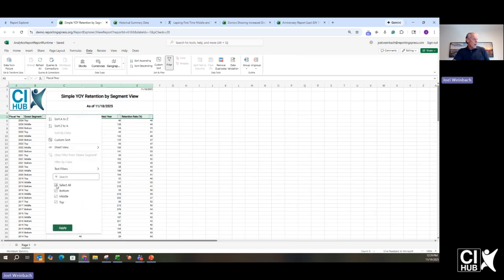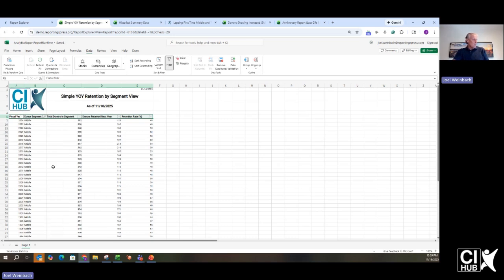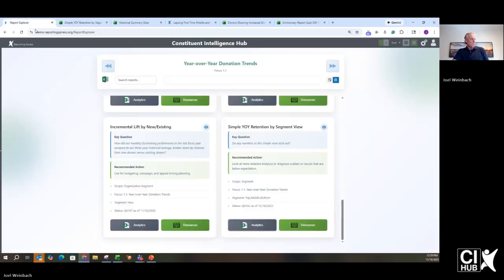And if I want to compare my middle segment year over year, I can see like that. So all of these analytics are built in Excel, so they're easy for you to manage, easy for your people to manage, etc. You can drill down further into them with these filters.